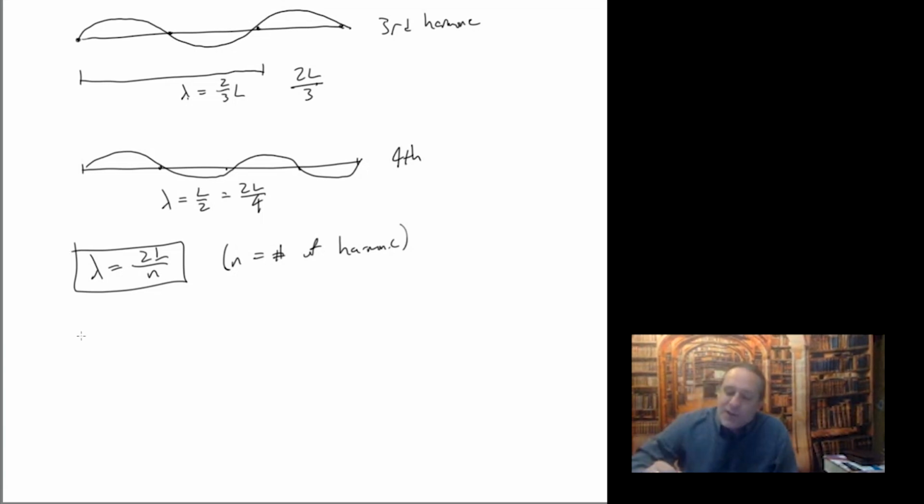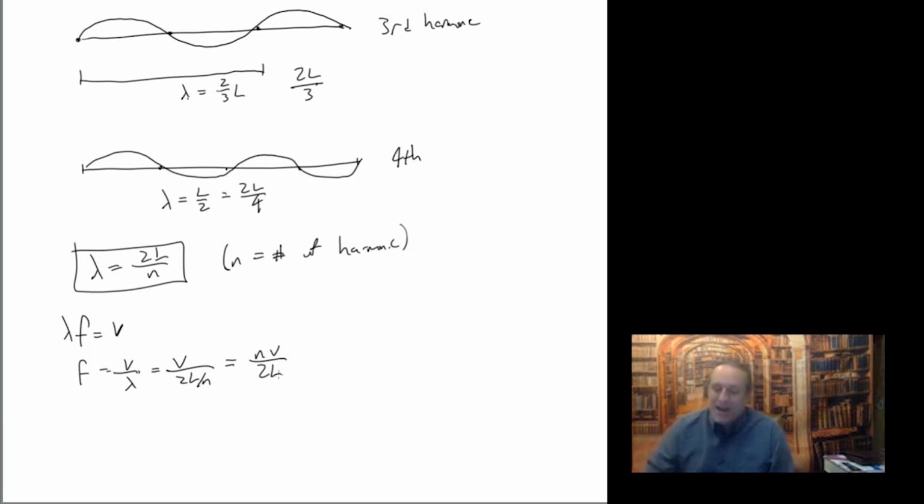So how about the frequency? Frequency times wavelength equals the velocity. So the frequency is the velocity over the wavelength, which would be the velocity over 2L over n, and that's the same as n times the velocity over 2L.